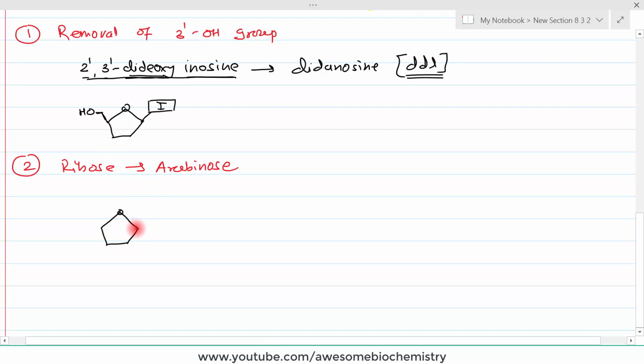Here it is also oxygen. Then it is an oxy sugar. So it has an OH group on the 3'. It has an OH group on the 2' position also, but it is flipped to the upper side. Okay. So by substitution of the ribose with arabinose, we have two examples. One is cytosine arabinoside, and another drug is adenine arabinoside.